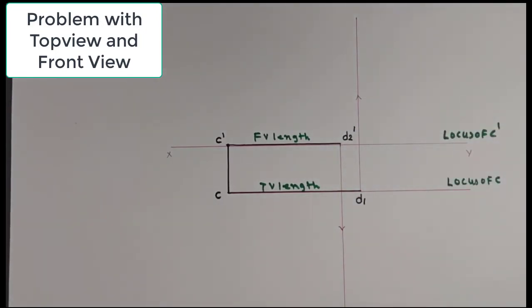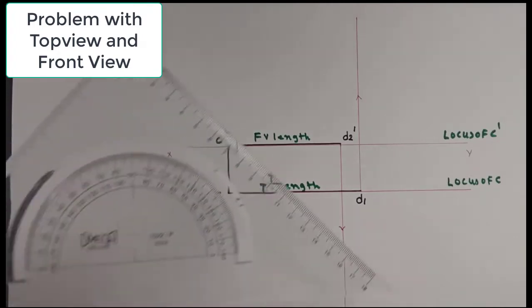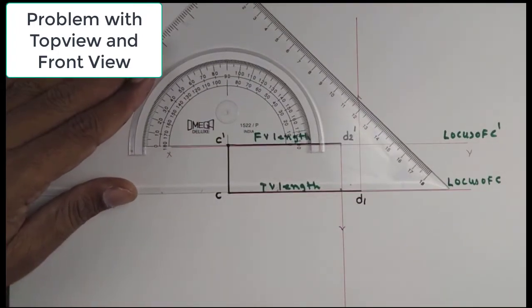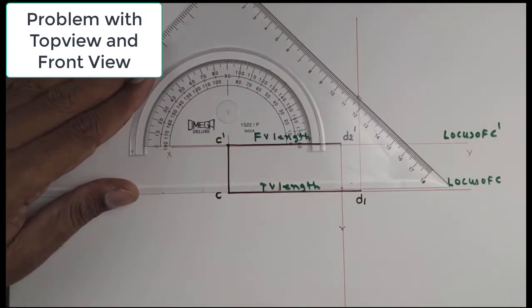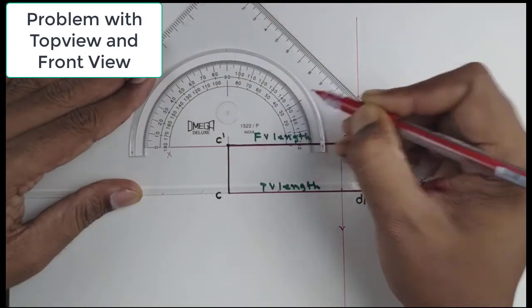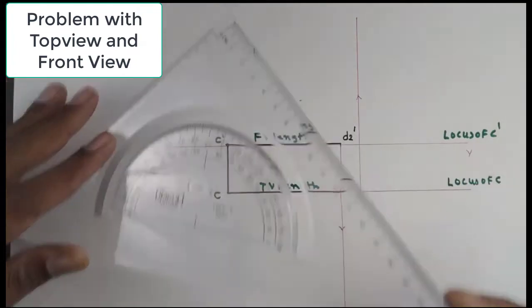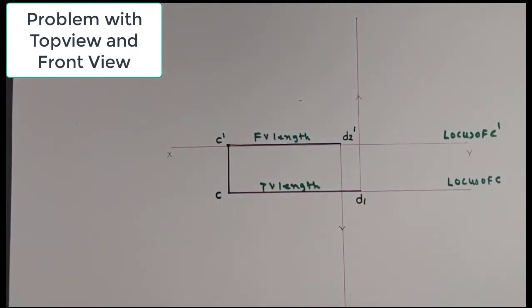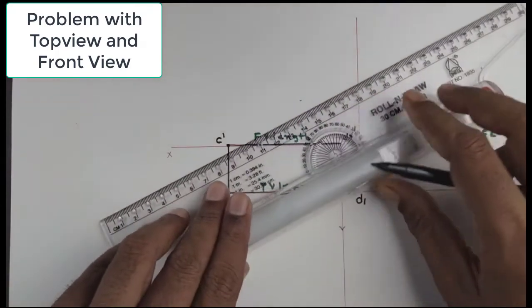Now in your problem, the line inclined to HP and VP is given. Your line is inclined to HP at 30 degrees. So first we arrange our protractor at the C dash. We mark the 30 degree points. At this 30 degrees, I draw the inclination line.